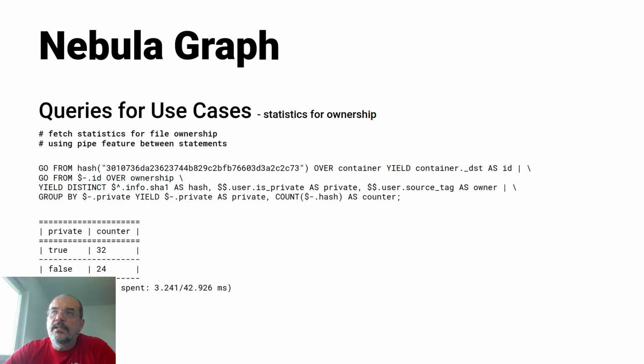So here you can see that for some popular file, we have here 32 and 24 private and public sources. What does that mean? That means that we received many times the same file, or we received some archive which contained that file, and when we unpack that file, it will be available as a new source in our system. And form, of course, relation and hierarchy in a graph database.